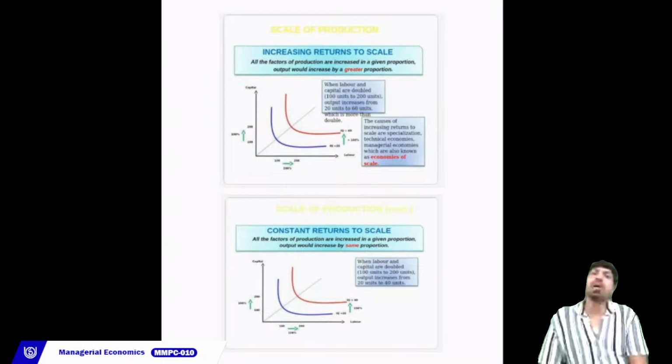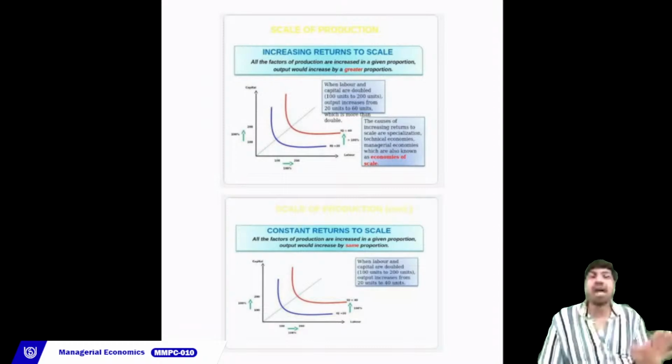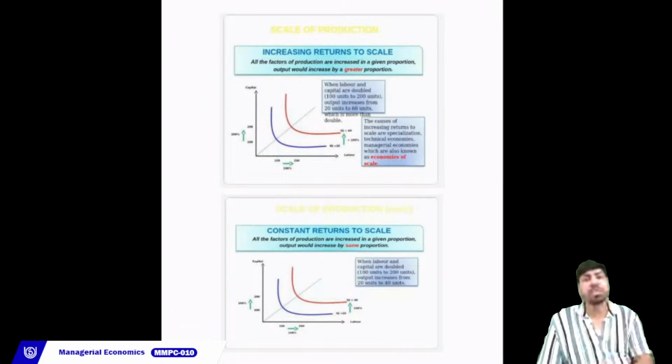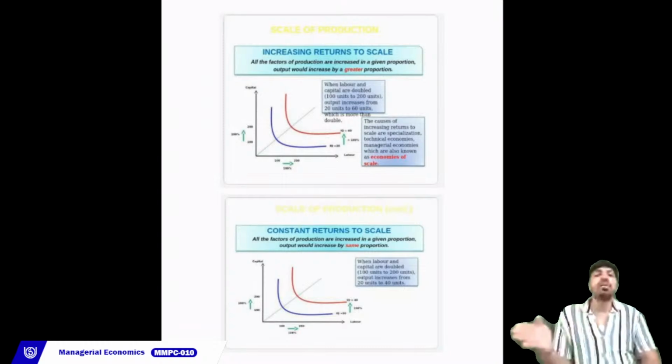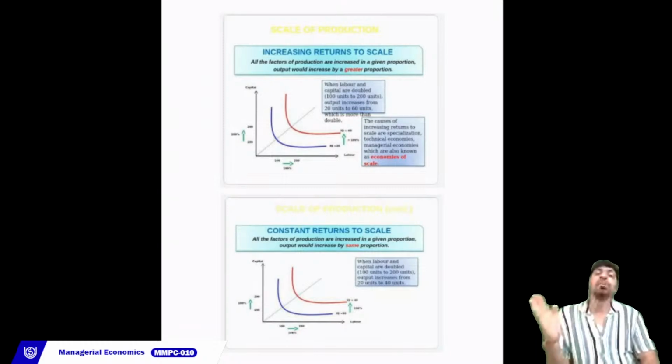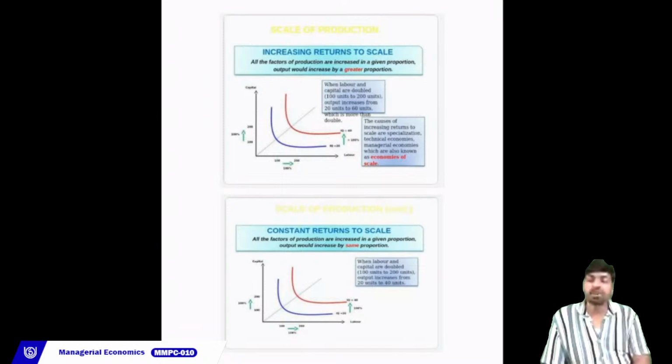When we talk about increasing returns to scale, it refers to all the factors of production increasing in a given proportion, and of course the output will also increase at an increasing rate. I repeat, all the factors of production are increased in the same proportion or percentage. As a result, the output would also increase by a greater proportion.